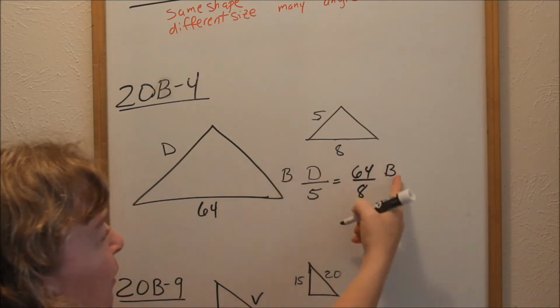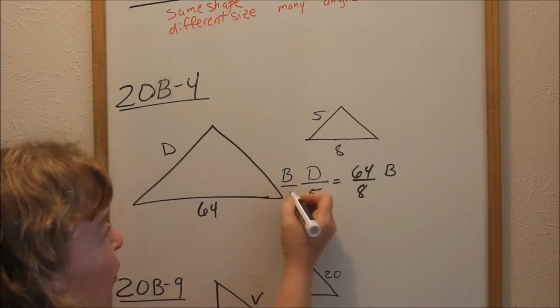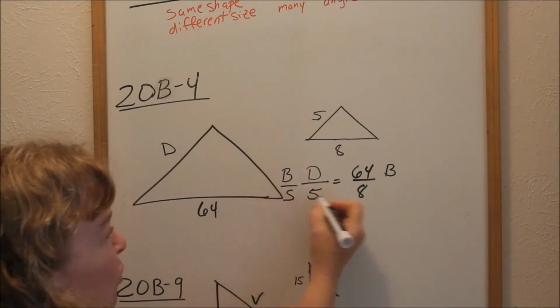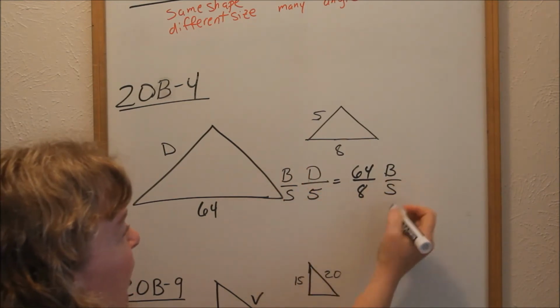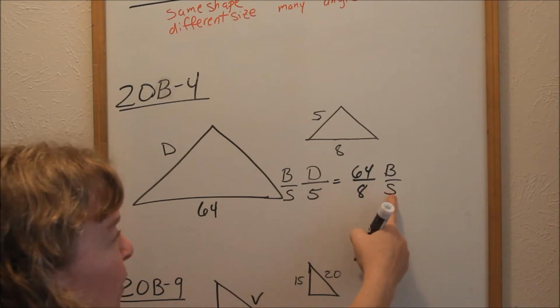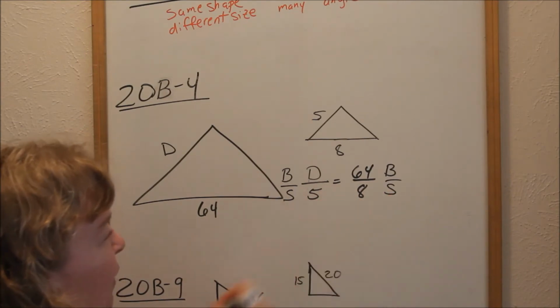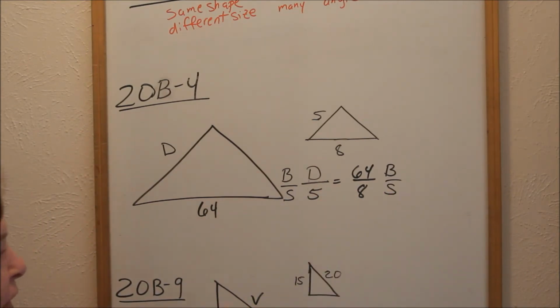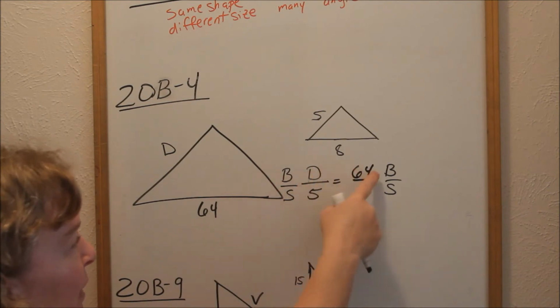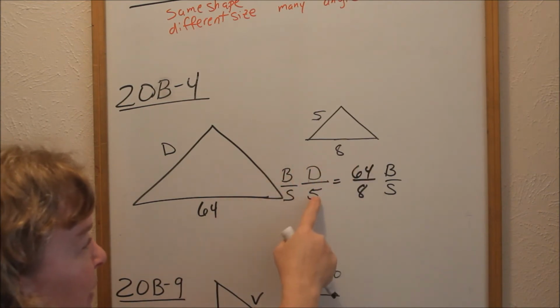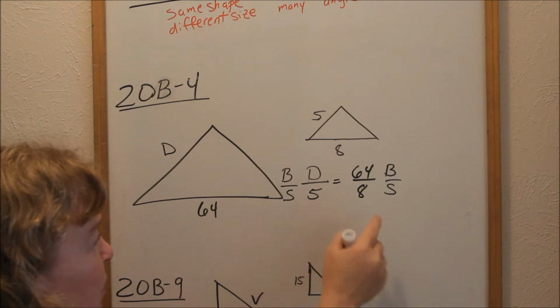Both the big triangle numbers are in the numerator, and then 5 comes from the small triangle, 8 comes from the small triangle. Both of the numbers from the small triangle are in the denominator. So it's important to keep everything straight. Both numerators need to be all the same, both big, and denominators need to be the same, both small.